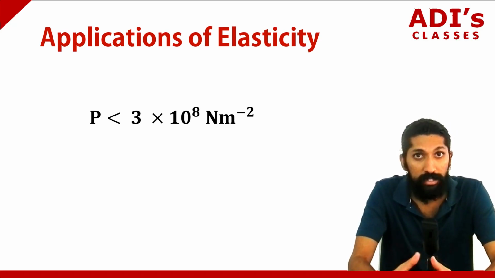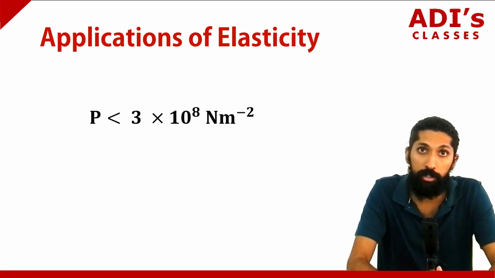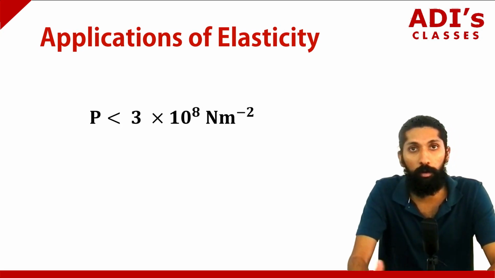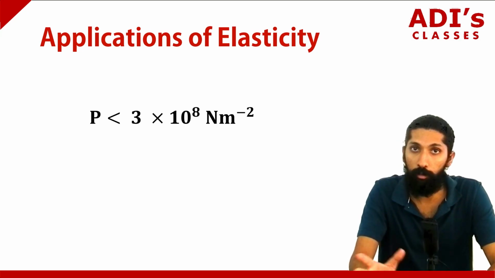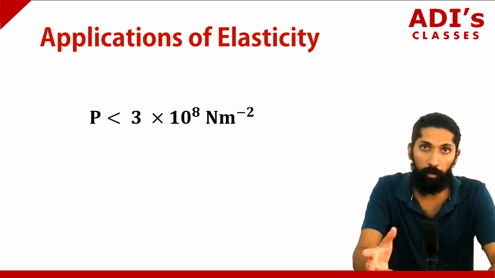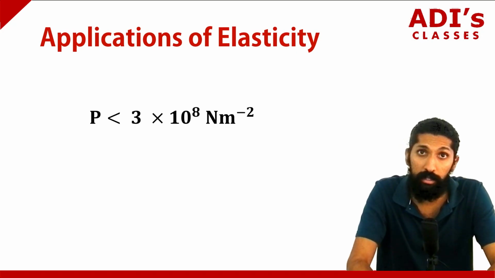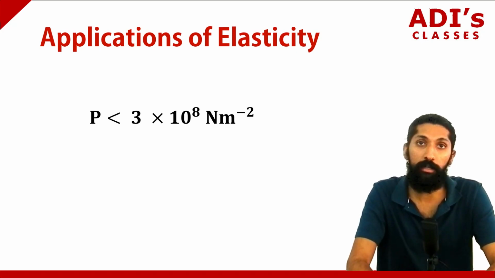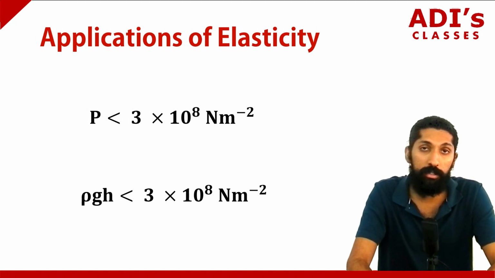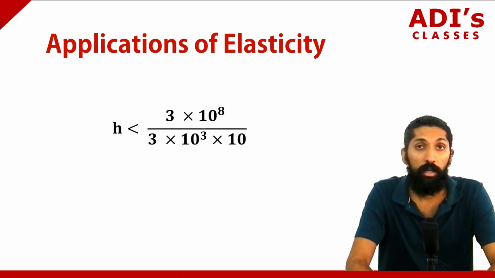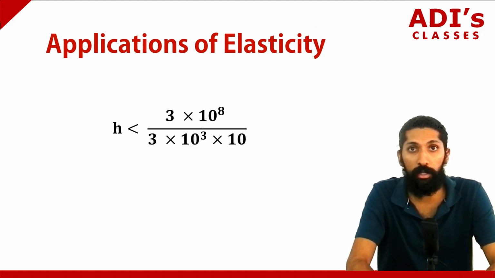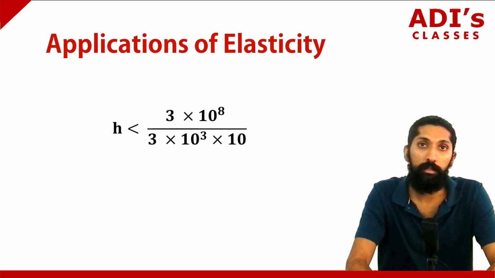If mountains are very stable, that means the pressure at the bottom of the mountain has to be less than the elastic limit for the rock or boulder. So P is less than 3 into 10 to the power of 8. Rho g h is less than 3 into 10 power 8. So h is less than 3 into 10 power 8 divided by 3 into 10 to the power of 3 into 10.